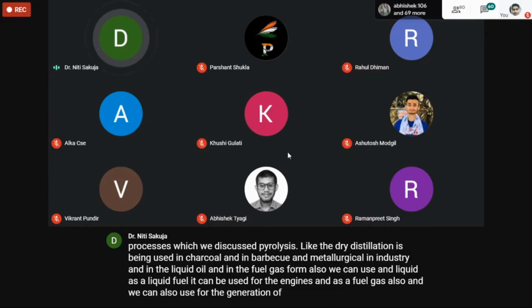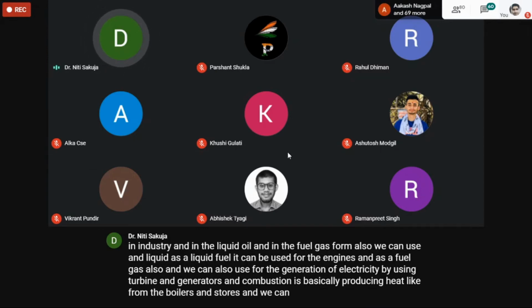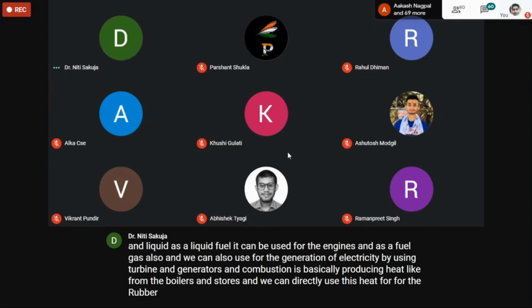Combustion basically produces heat from boilers and stoves, and we can directly use this heat for our domestic purposes. So we are generating a lot of energy from the biomass, and there is a lot of hope that we can generate still more power by developing such technologies.